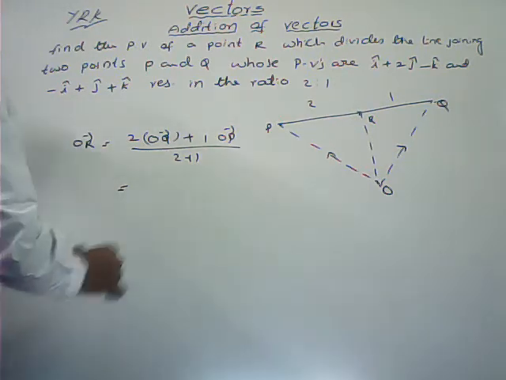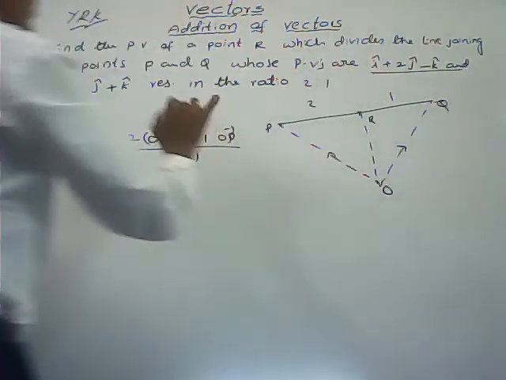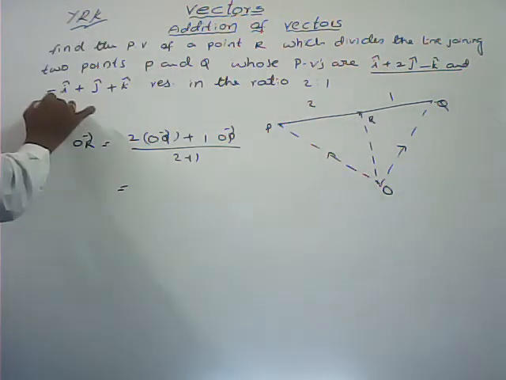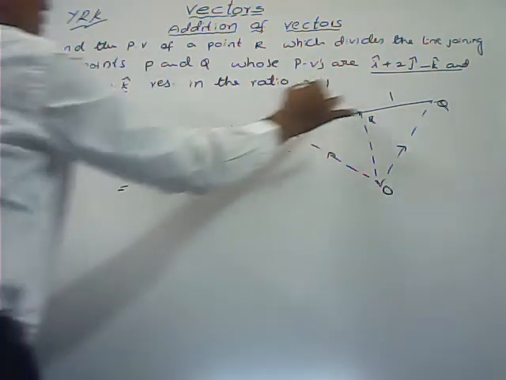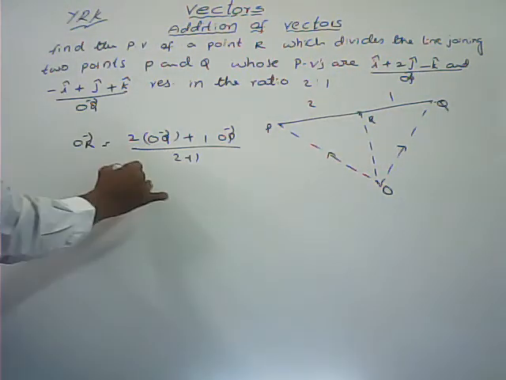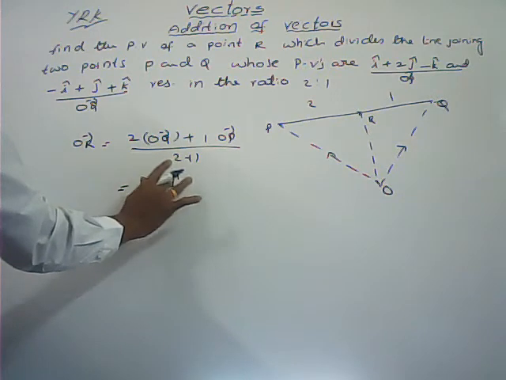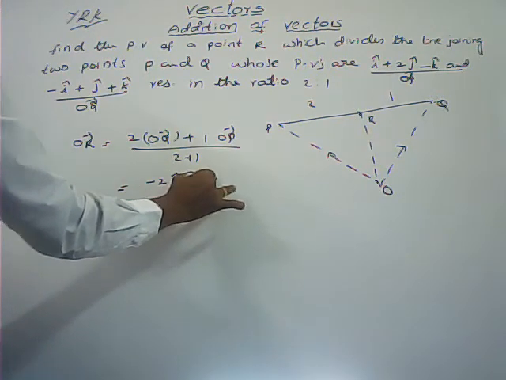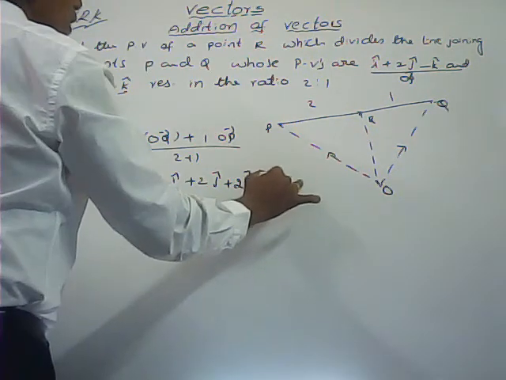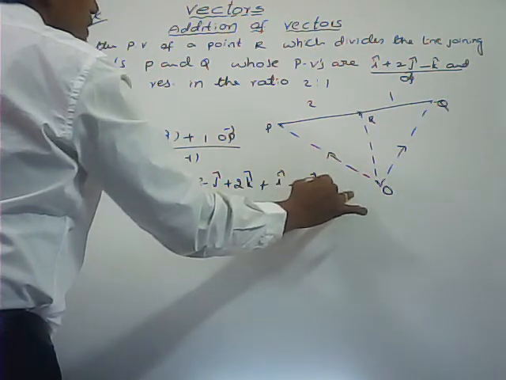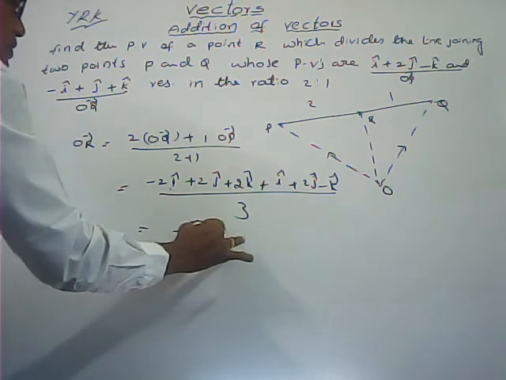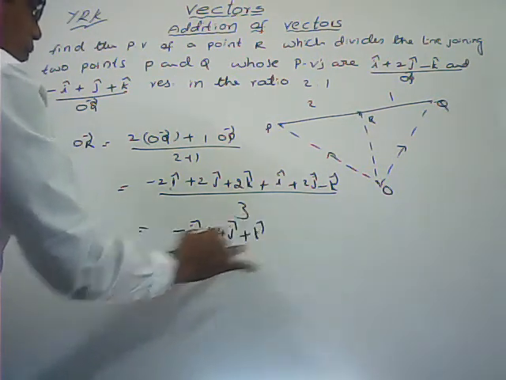Here points are given, position vectors of P and Q. So 2 into OQ bar, minus 2 i cap plus 2 j cap plus 2 k cap, plus 1 into OP bar, i cap plus 2 j cap minus k cap, whole by 3. This is minus i cap plus 4 j cap plus k cap whole by 3.